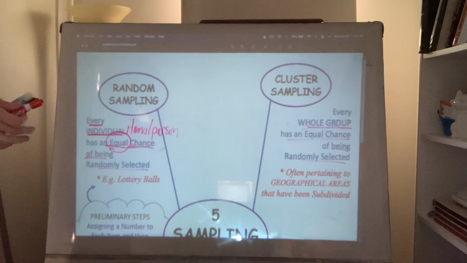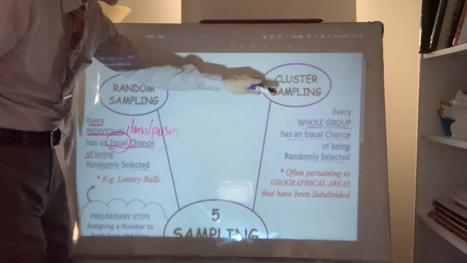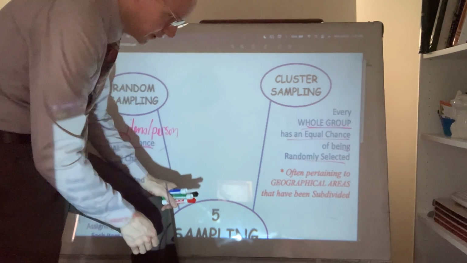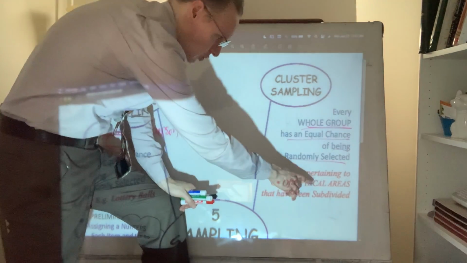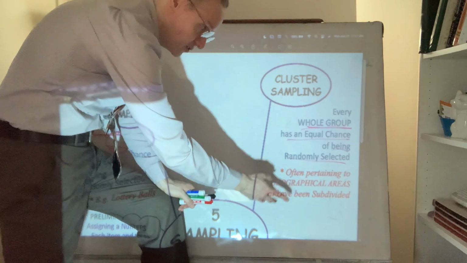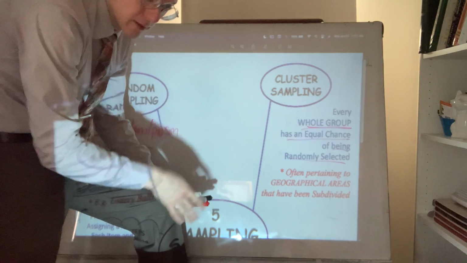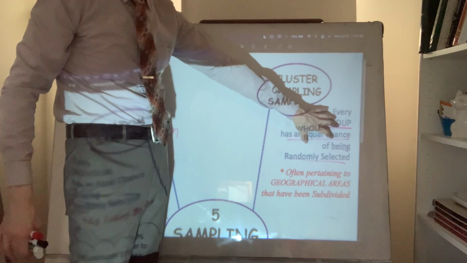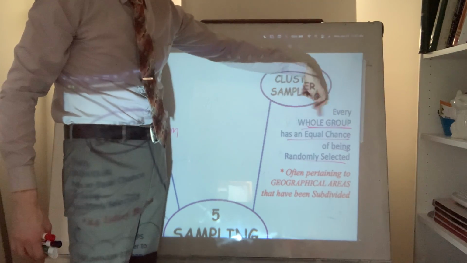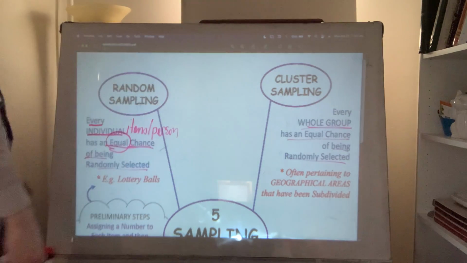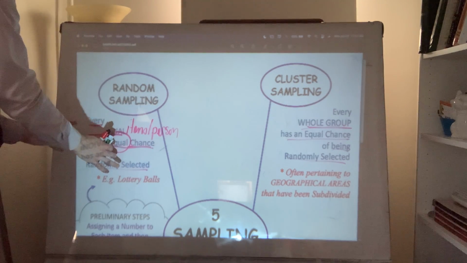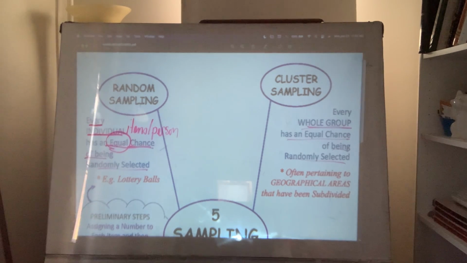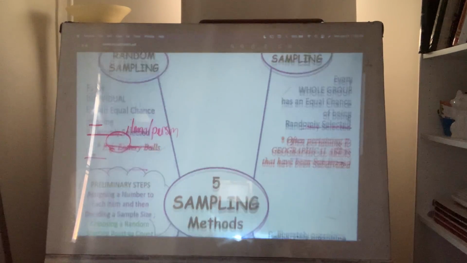Another cue is when they mention geographical location, often pertaining to geographical areas that have been subdivided already. So think of this as a group of people, every whole group has an equal chance, and think of random sampling as individuals having an equal chance. Very similar, right?